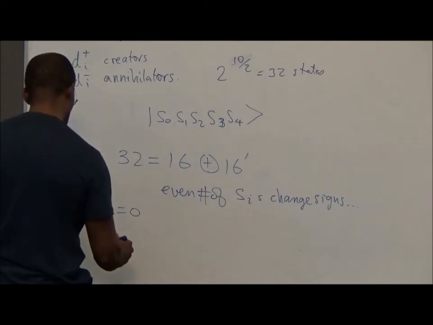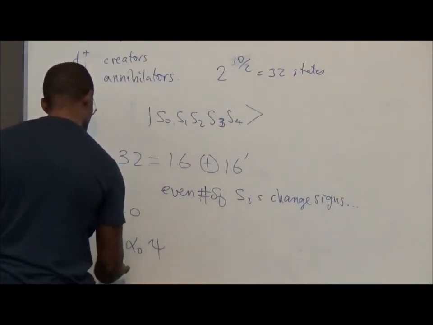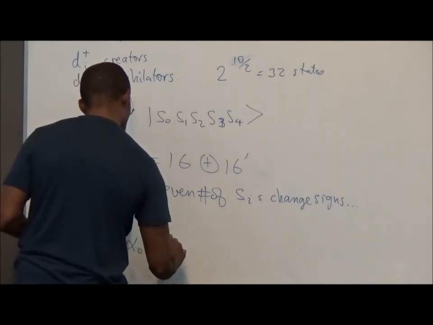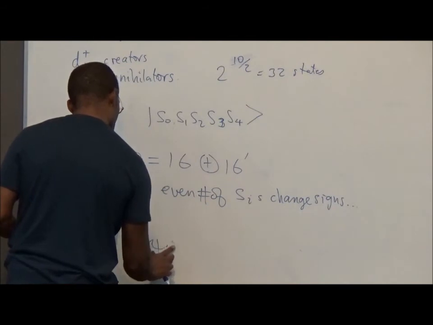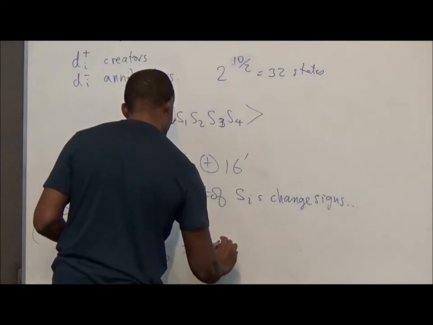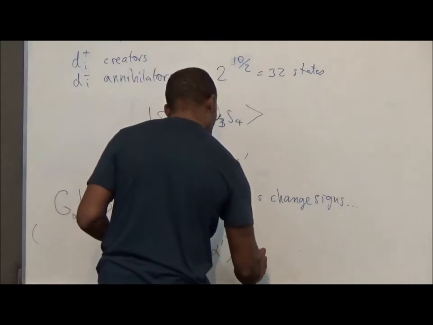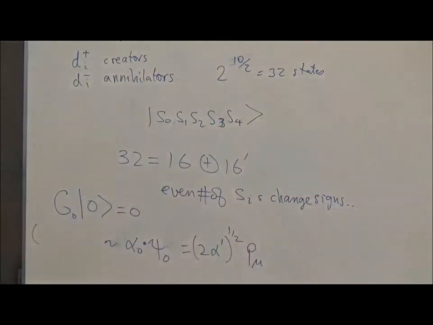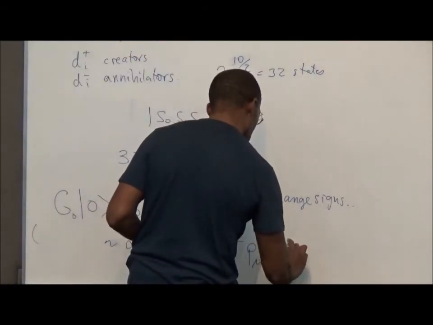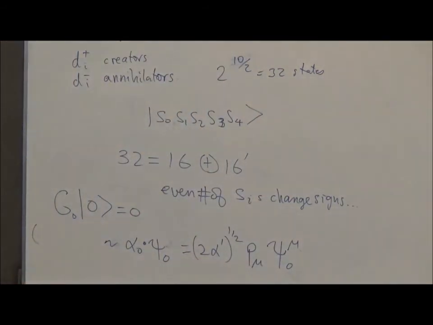If you look, you'll see that that's alpha 0 dotted with psi 0. But remember, that's 2 alpha prime to the half p mu, if I remember what alpha 0 is. Let me unpack the dot so that I'm explicit. This is then psi 0 mu.